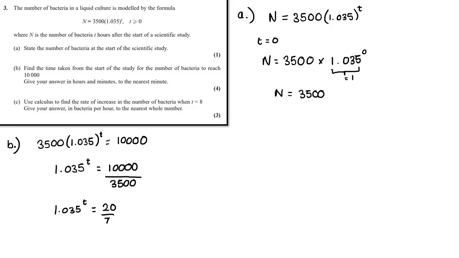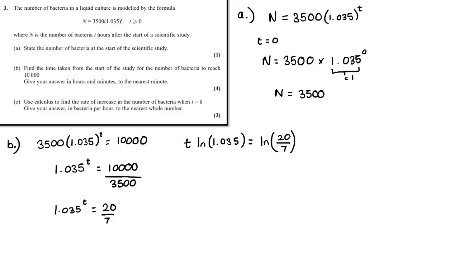And then this works out as a pretty basic equation to solve. We're looking for the power of t, so we're going to now be using logarithms to find this. So I'm going to take the natural logarithm of both sides here. If I take the natural logarithm of this left-hand side and bring the t down in front using the power rule, then we get t times the natural logarithm of 1.035 is equal to the natural logarithm of 20 over 7.